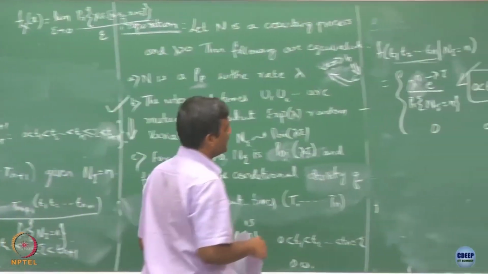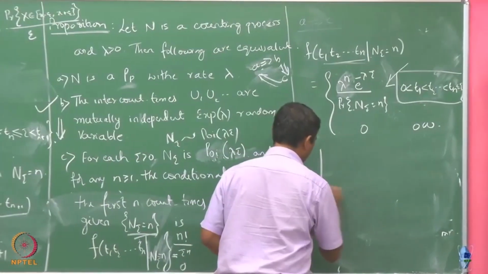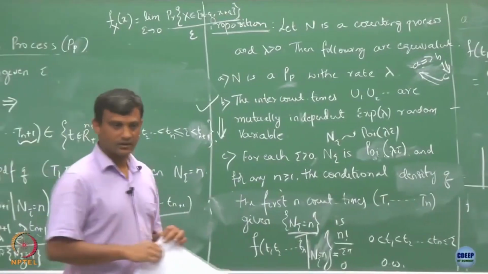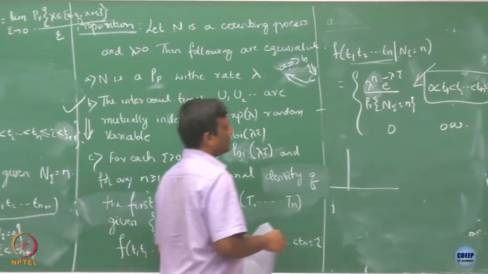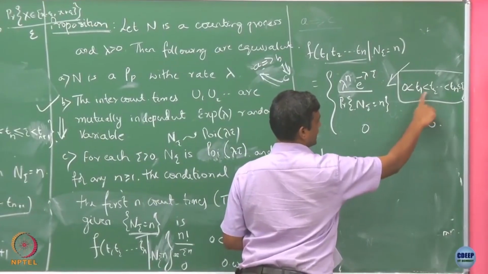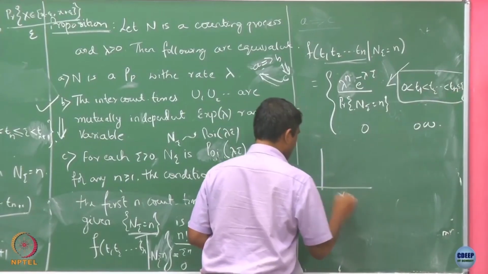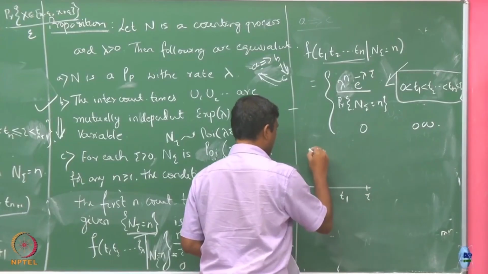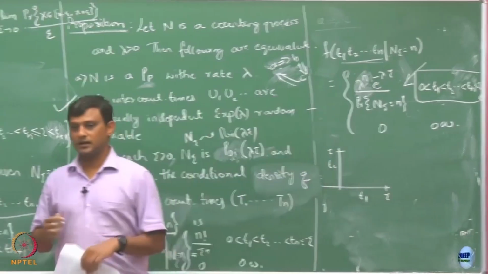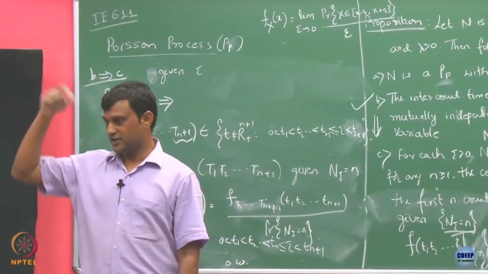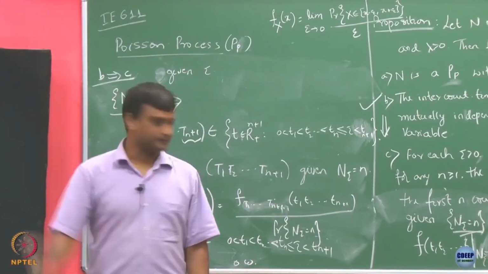So let's imagine a 2-dimensional case. I am letting each of these go up to tau. So I have this T1 axis, I have this tau, and I am only letting it go till tau, because both T1 and T2 are random variables which can take at most the value tau, right?